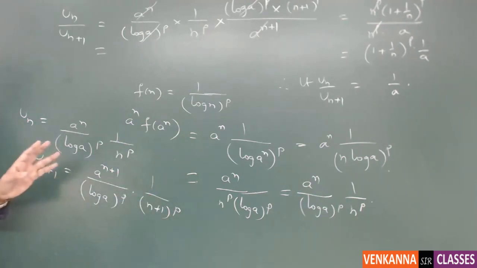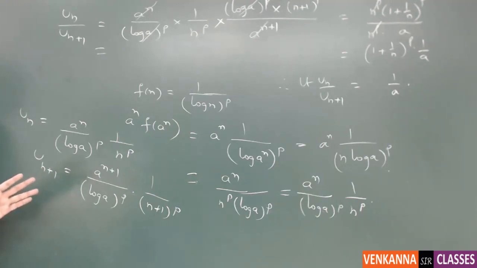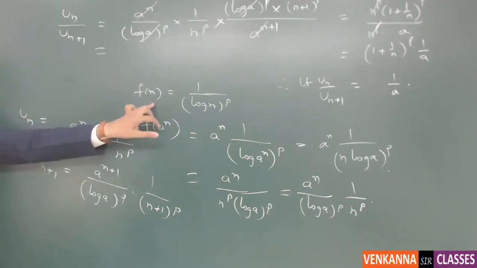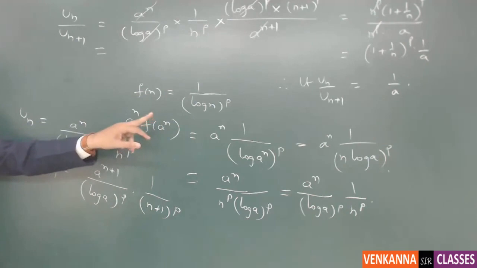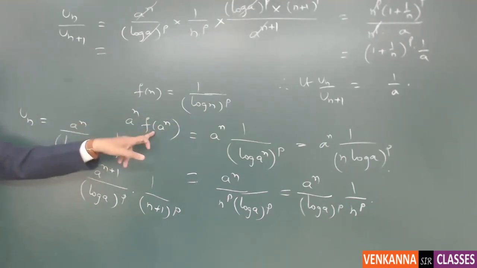So the methodology we are applying here to test the convergence of the series, is it clear for you, or you want the beginning again? Here we are applying the Cauchy's condensation test. We take the given function as f of n. To apply Cauchy's condensation test, you need to take the series of the form a power n into f of a power n, where a is greater than 1.